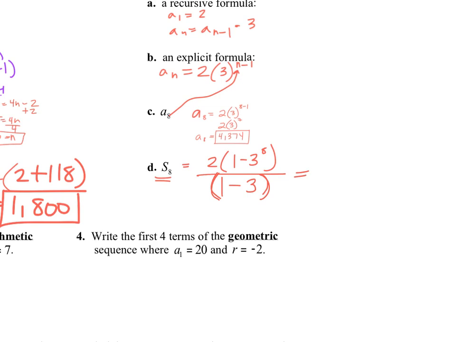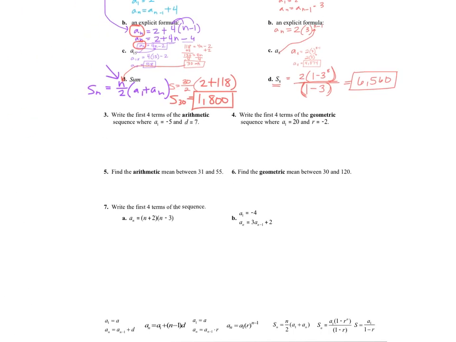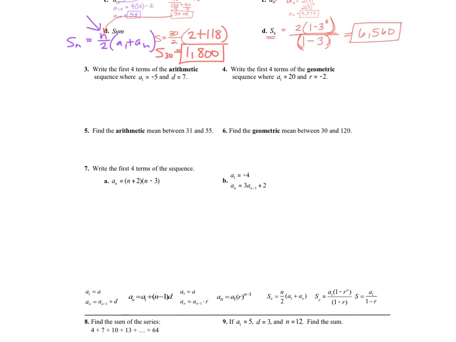So make sure you plug this into your calculator: 2 parentheses 1 minus 3 to the 8th, get out of that exponent mode, finish off your parentheses right here, divided by parentheses 1 minus 3. You want to double check this because sometimes if you plug these in slightly differently, you get a very different answer. 6,560 is what you should be getting. All right, number 3.